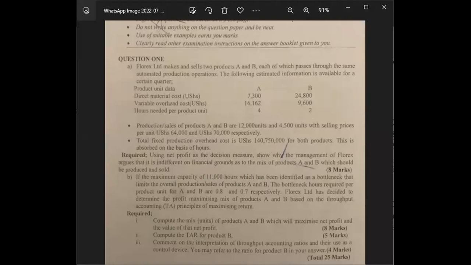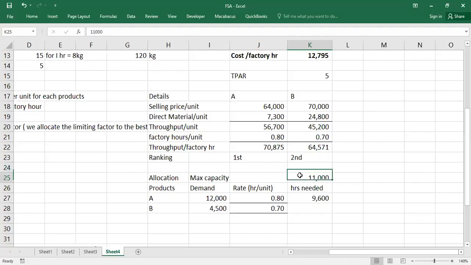So back to the question. Okay, so 11,000 hours, but if I produce A alone, I can use 9,600. So 11,000 still has some left. Okay, but now the challenge is on B, which is the second option. That you want to maximize A because it has the greatest throughput. So you want to produce as much as possible of A. That's why you end up producing all of them.